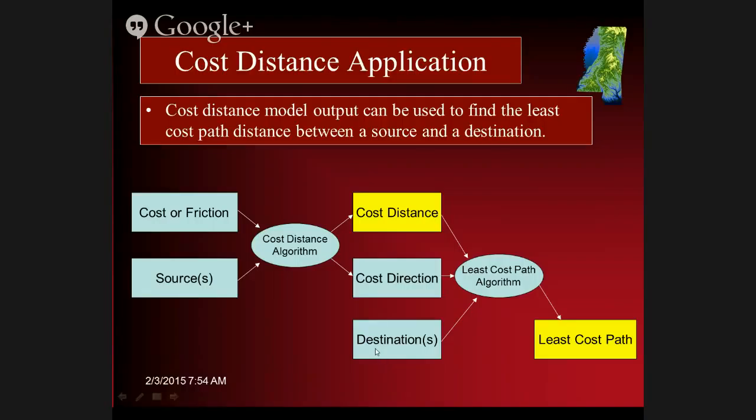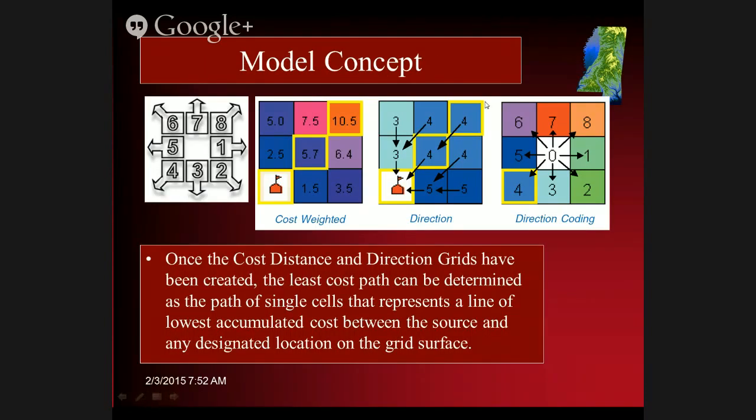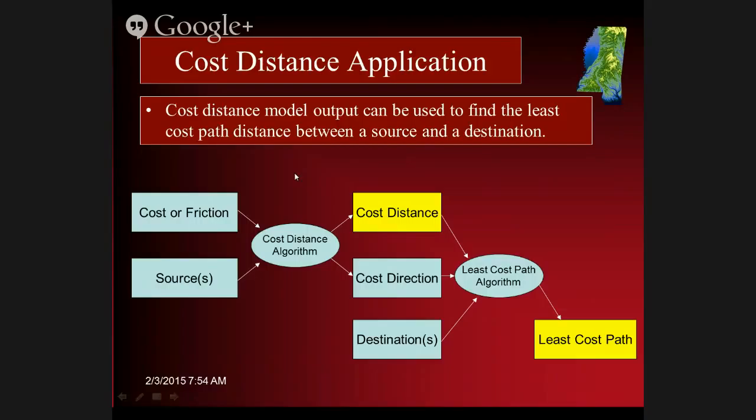How do we find out what the cost is to travel back to the source if we have this cost distance grid? That's just a simple process of overlaying. Let's say that the point touches this grid. Whatever the value is where it touches the cost distance grid, which was 10.5, that's the cost that it would take to get back.